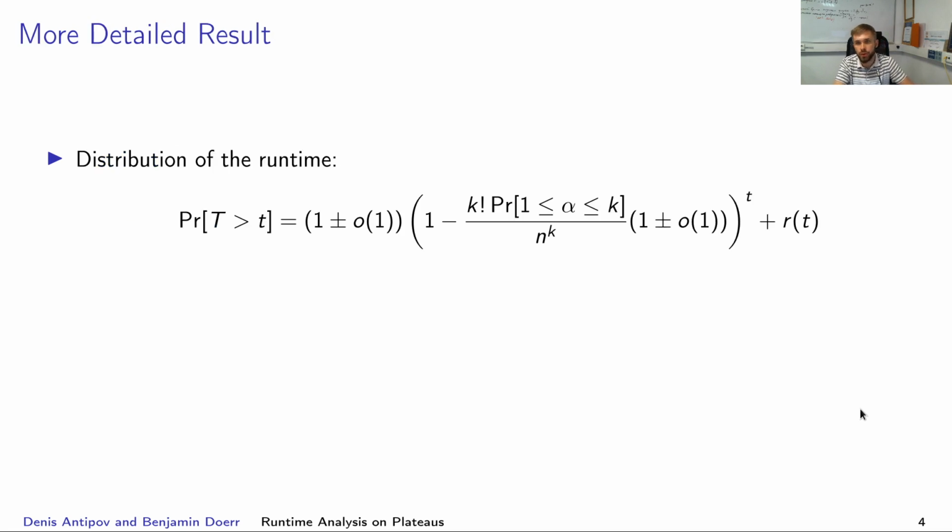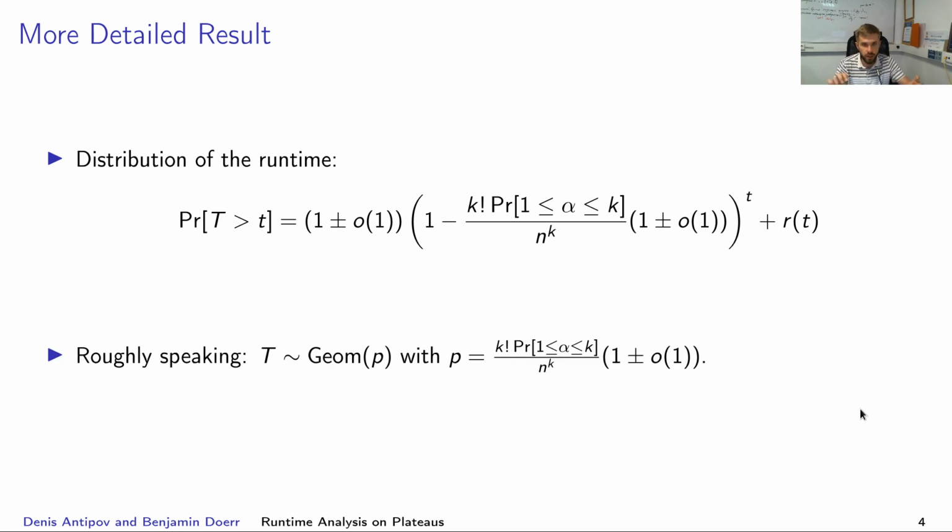But not to overload you with this complicated formula, we can just say that the runtime follows a distribution which is very close to the geometric one, with parameter p, where p is k factorial over n choose k multiplied by the probability that we flip between 1 and k bits.